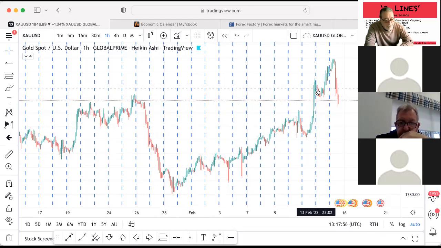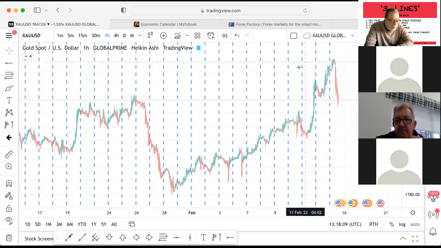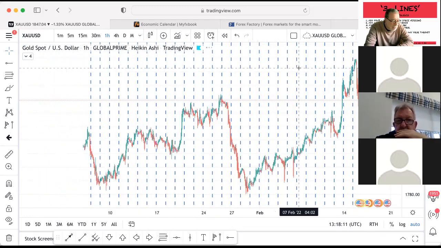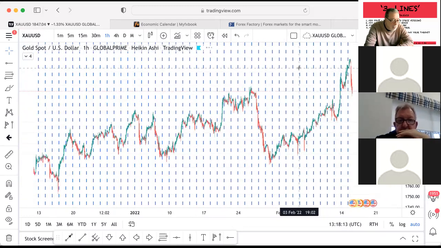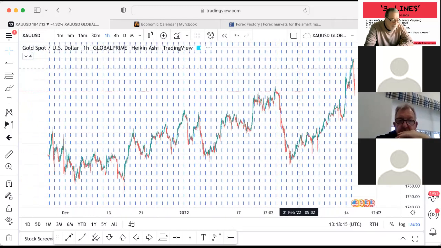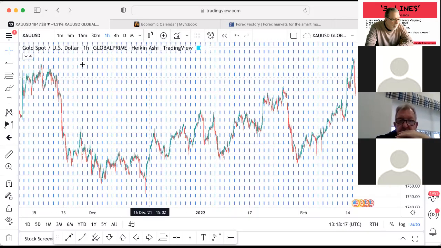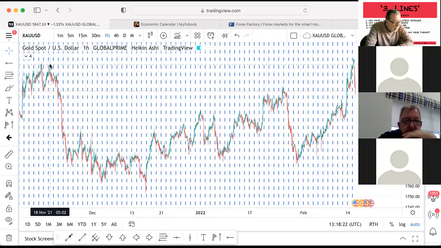It went down a little bit there, and then it made a big climb. And then yesterday, there was a small reduction in price, and then it went back up again. And then this morning, it was at the highest it's been for some time. It's not the highest it's ever been, but it is actually the highest it's been for several months. It was at that sort of level in November 21.